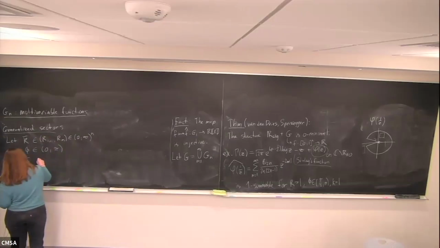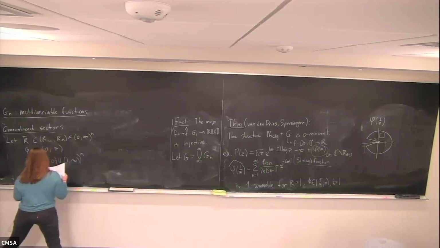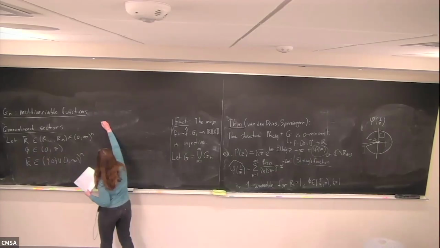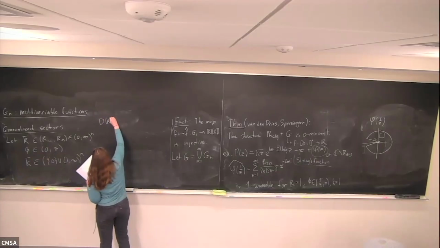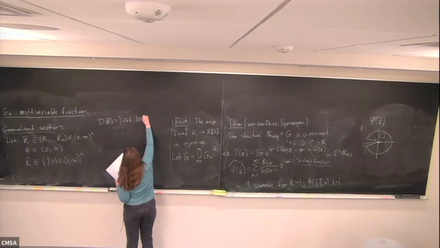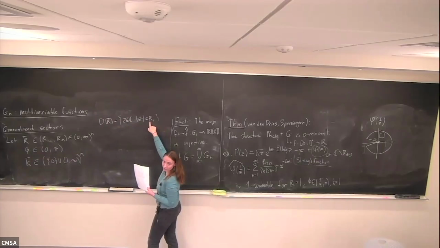And K is now a tuple of numbers that are either 0 or greater than or equal to 1. And now define a polydisk: this is the set of Z such that the ith coordinate is bounded by R_i.